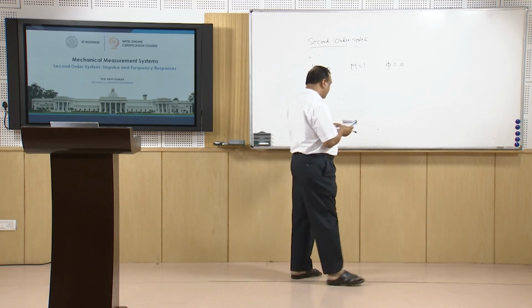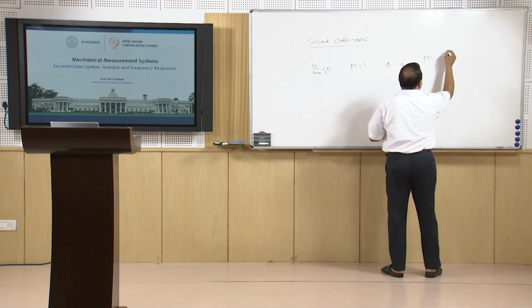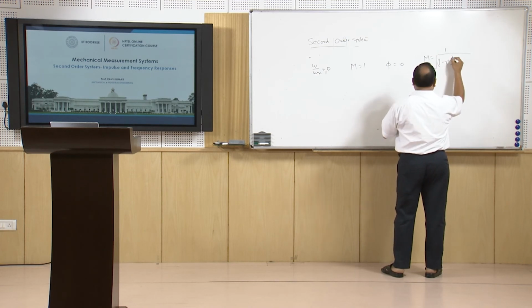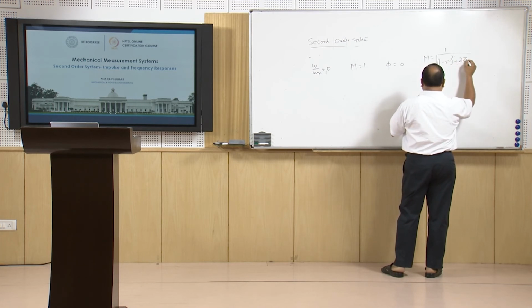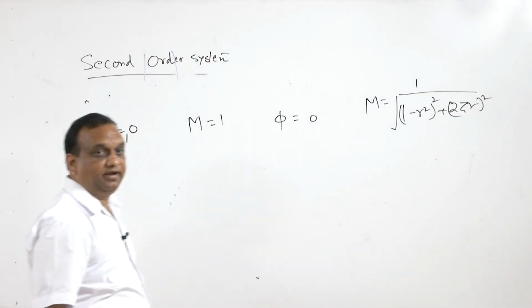Because m we have calculated, m is equal to 1 by under root of (1 minus r square) whole square plus (2 zeta r) whole square, right?